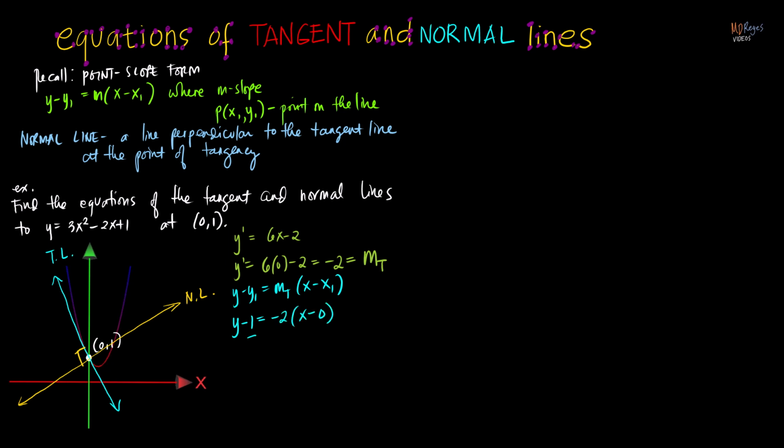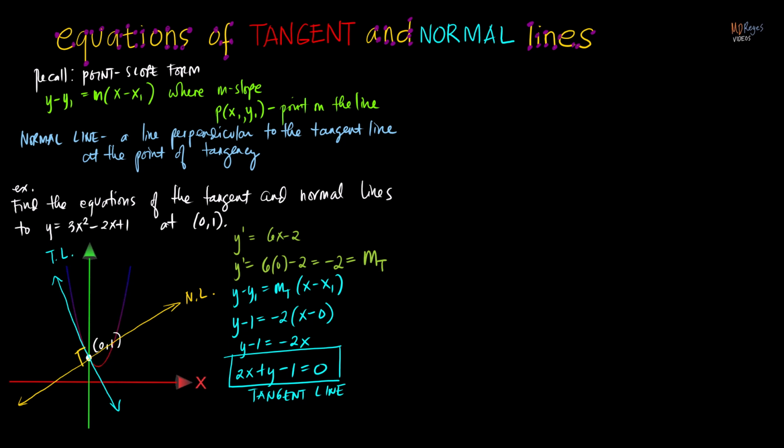These are the coordinates of the point of tangency given in the problem. Simplifying, we'll have y minus 1 equals negative 2x. Now writing this in general form, we transpose everything to one side of the equation. Transposing negative 2x to the left, we have 2x plus y minus 1 equals 0. So here we have the equation of the tangent line.